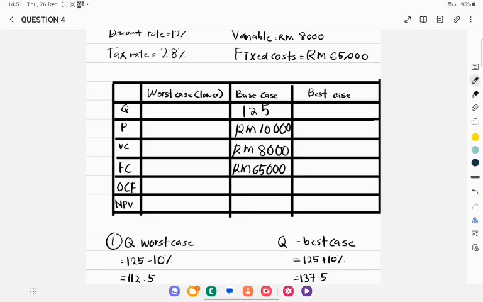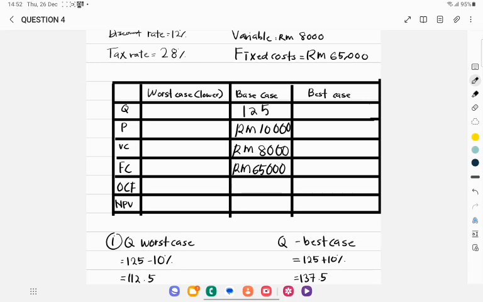So what is needed on the table? On the top side, you need to write the worst case, base case, and best case. Meanwhile, on the left side, you need to write the quantity, price, VC, which is variable cost, fixed cost, OCF, and NPV. For the base case, you just take the values from the question, except for the OCF and NPV, which you need to calculate on your own.